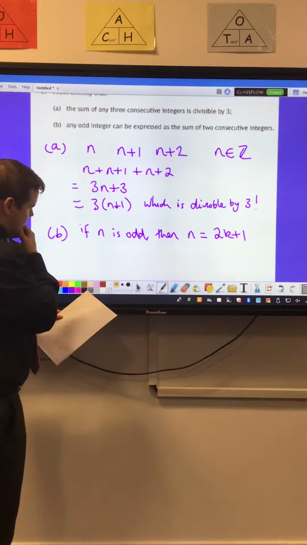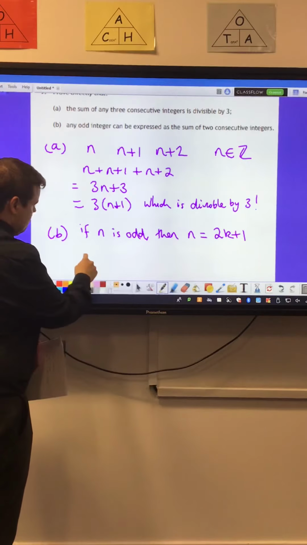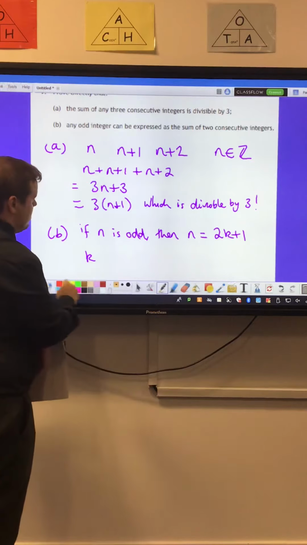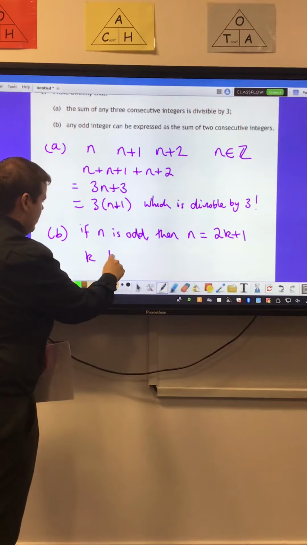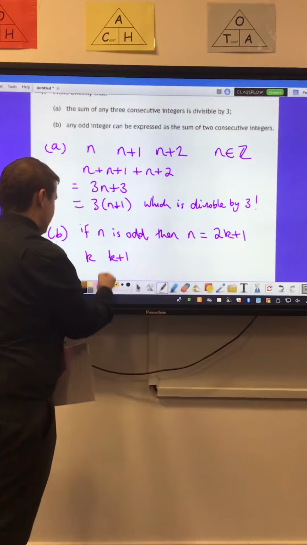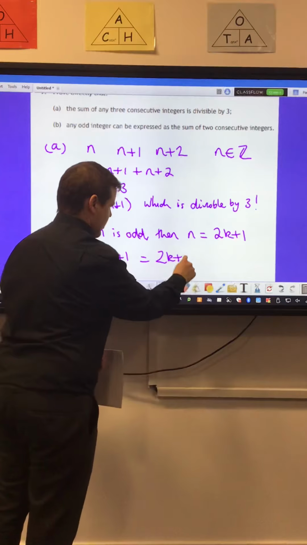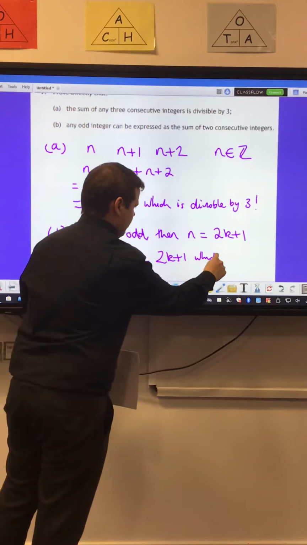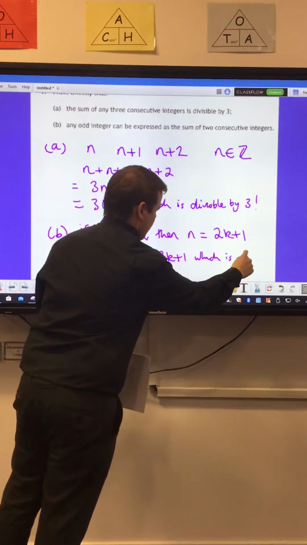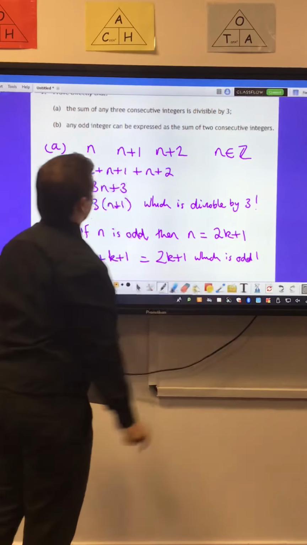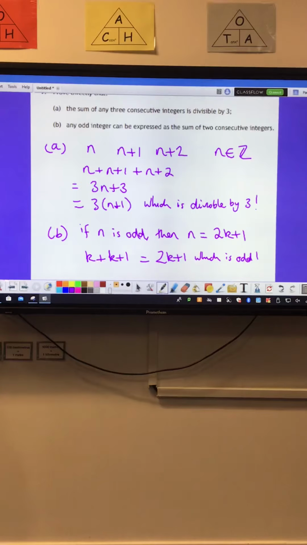Let's go for k being a number, and the next one up is k plus 1, and if you add them together, that gives you 2k plus 1, which is odd. So there we go.